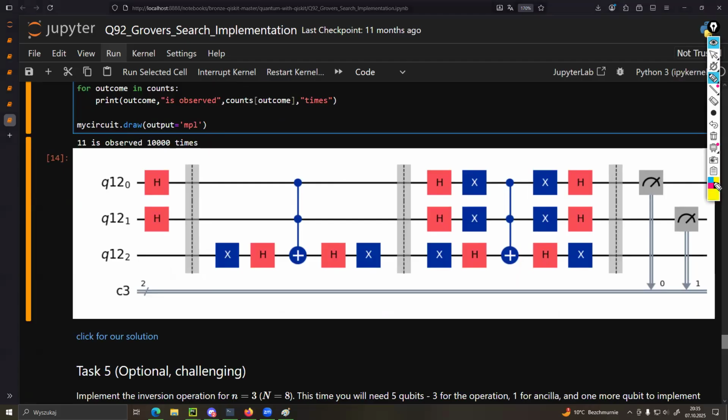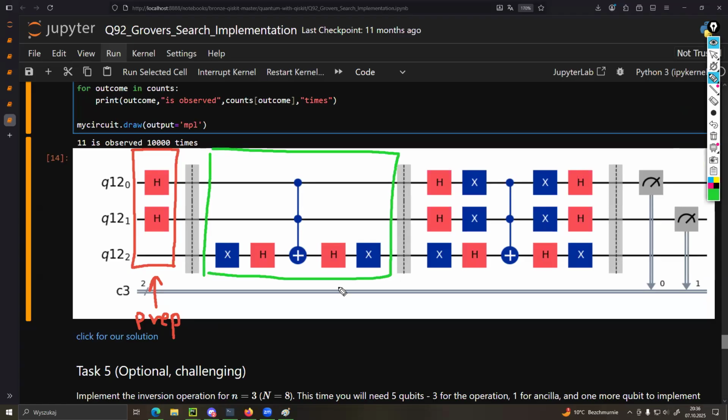And yet again, the same thing, visually. Here is our state preparation, prep. Now preparation of our initial solution, so preparation of our entire circuit. This is our oracle, right?